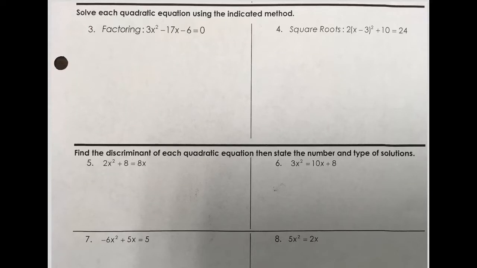All right, this is already in standard form. And so we want to go ahead and start factoring. So we have that times that is equal to negative 18. And then your b term always goes on the bottom here. That is negative 17.